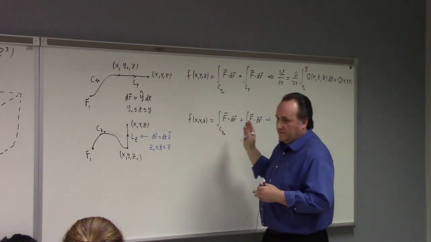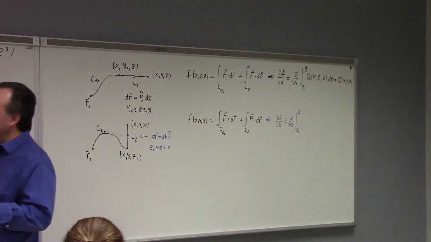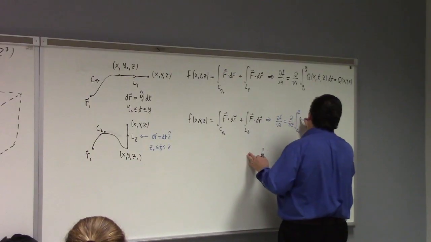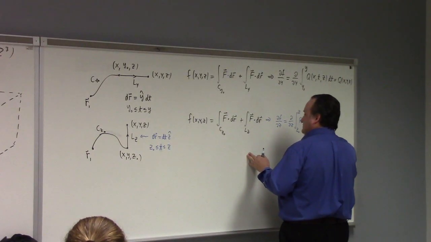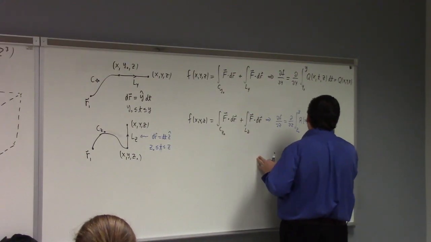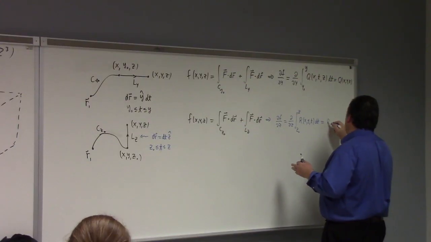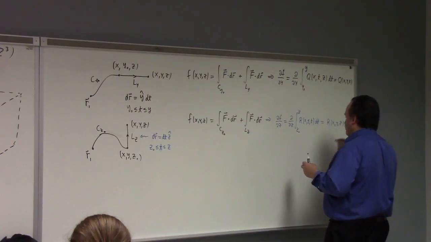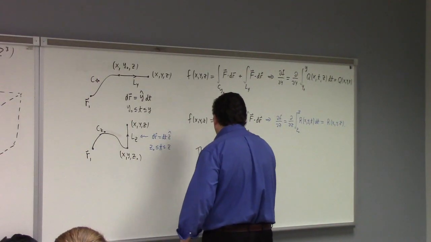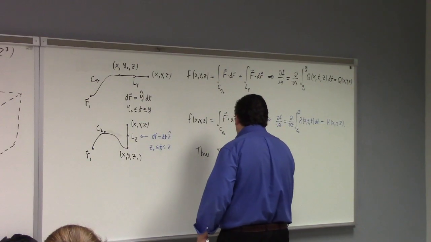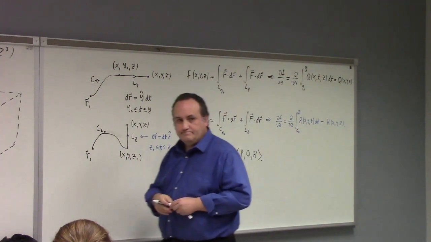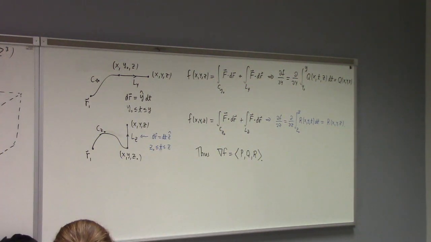What happens when we take the dot product of F with dr here? We only pick up on the z component, which we called R. So we've got R of x, y, t dt, and again by FTC1 we get R of x, y, z. To summarize, thus, the gradient of f is equal to P, Q, R, and we're done, because we've shown the x, the y, and the z derivative are as they need to be.